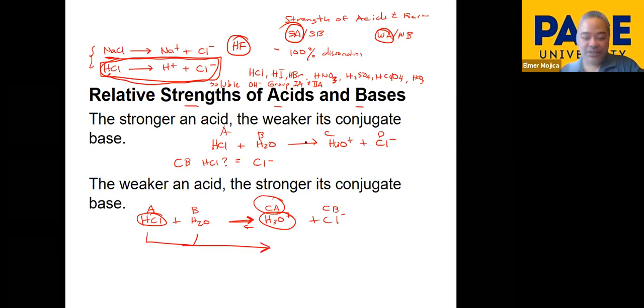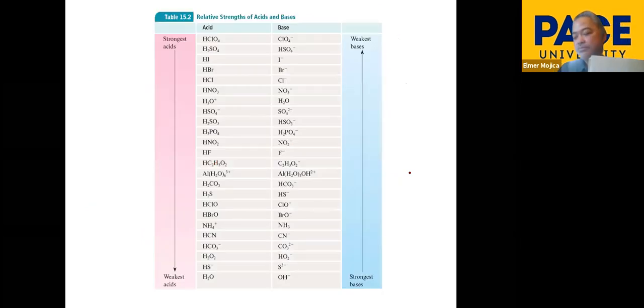Okay? Now, as a guide to you in terms of the strength that we have here, we have a table. So what can you say? HClO4, H2SO4, HI, HBr, HCl, HNO3. So those are what?